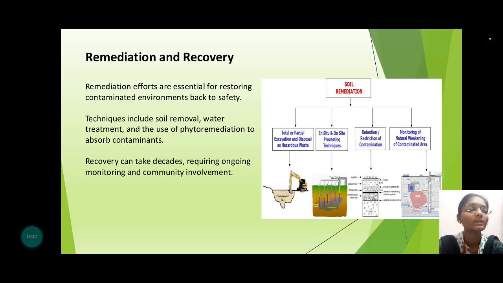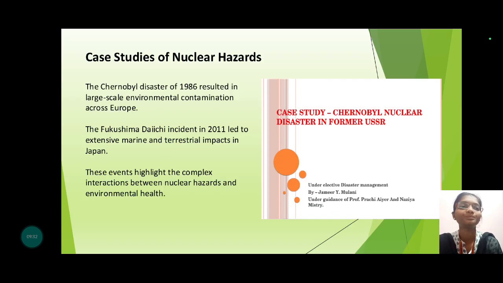Then in situ and on site processing techniques, retention or restriction of contamination, and monitoring of natural attenuation of the contaminated area. This is known as soil remediation and recovery of the soil in the community.